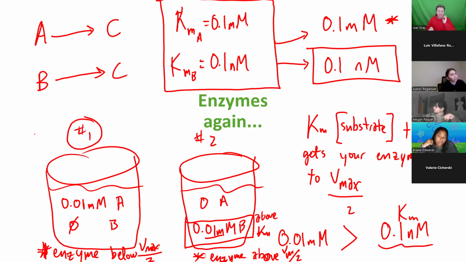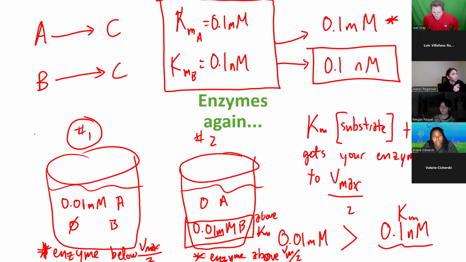One thing people tend to fall into is they hear above Vmax, and then they pause and think, wait, above Vmax? That doesn't make any sense. Vmax is the maximum rate that the reaction could go. But remember, it's Vmax divided by 2. Those are the points that we correlate there.